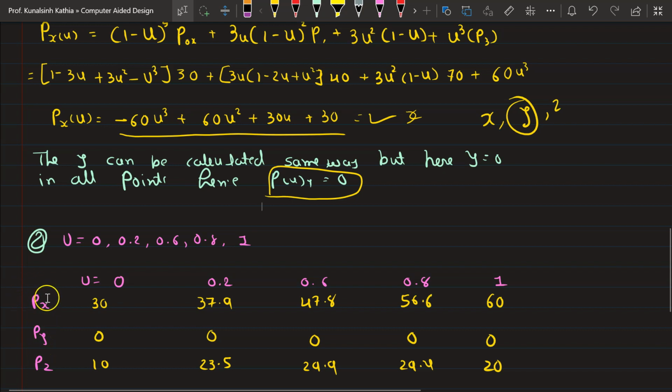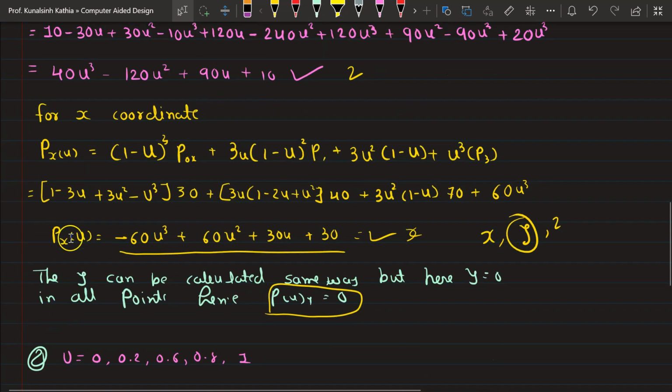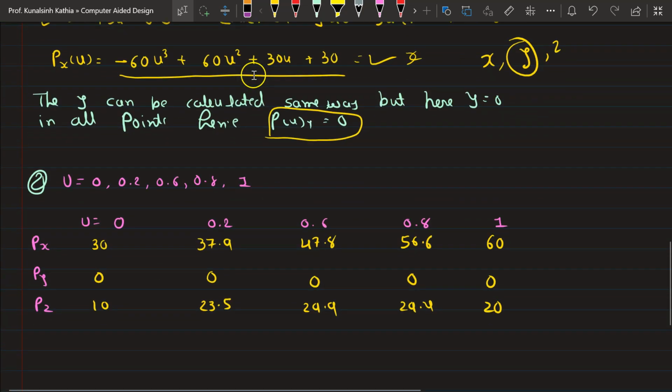Now this px represents the standard equation of x, which is here 60u cube, 60u square, 30u and 30, right? Py we all know 0, and pz, so there is also standard equation we got, 40u cube, 120u square, 90u plus 10. So now what you have to do, you have to replace the value of u in these respective equations.